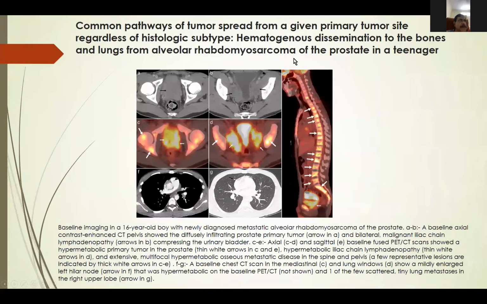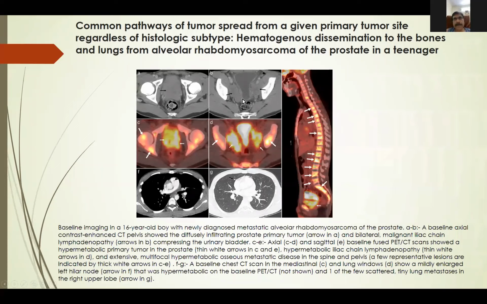Similarly, this is another patient, a 16-year-old with alveolar rhabdomyosarcoma of the prostate. I don't need to show anyone how prostate tumor spreads. It spreads via the vertebral venous plexus to the bones and then lymph nodes. So the same pathway of spread is seen in these patients too.